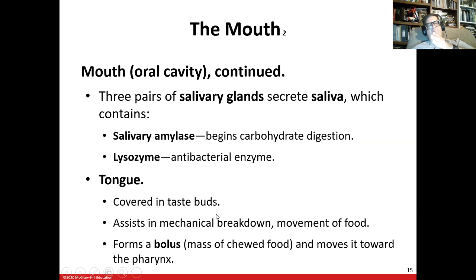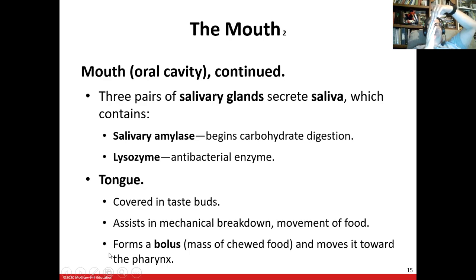It moves it over into line with the teeth, so the teeth can smash it and chew it up real good. And it moves upward and helps the swallow to push the food down the esophagus. We call the mixture of chewed food and saliva a bolus. So we move that bolus towards the pharynx.